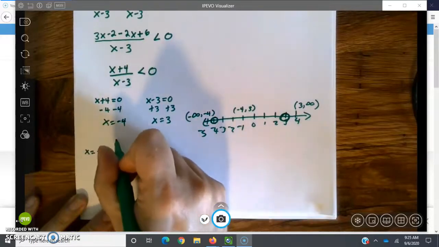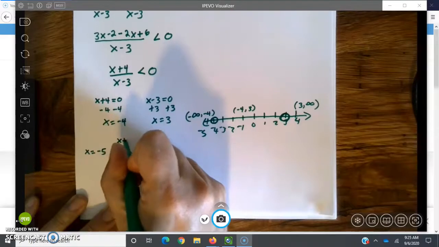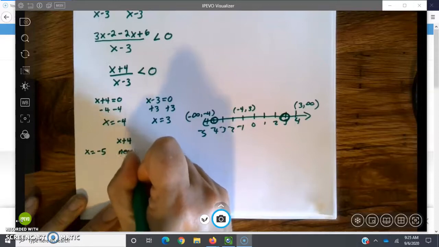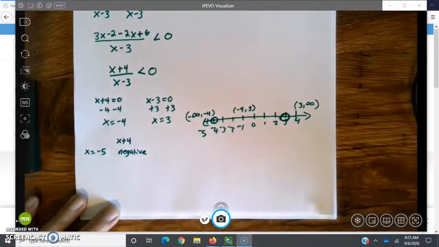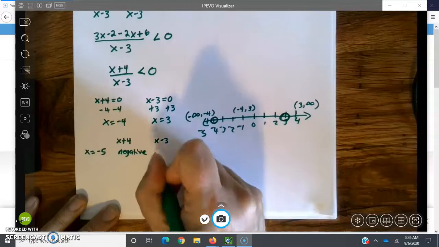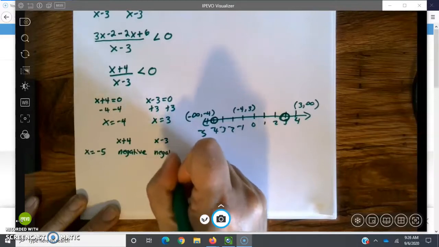If I put negative 5 into x plus 4, what sign do I get? That's going to be a negative. If I put negative 5 into x minus 3, I'll get a negative.